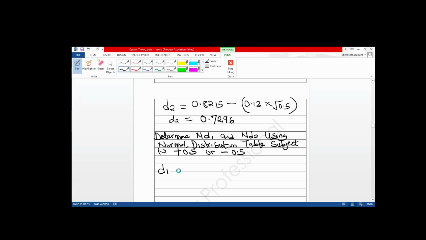Your D1 figure, 0.8215. That table is based on range. So you have to establish a range. Now look at this figure.